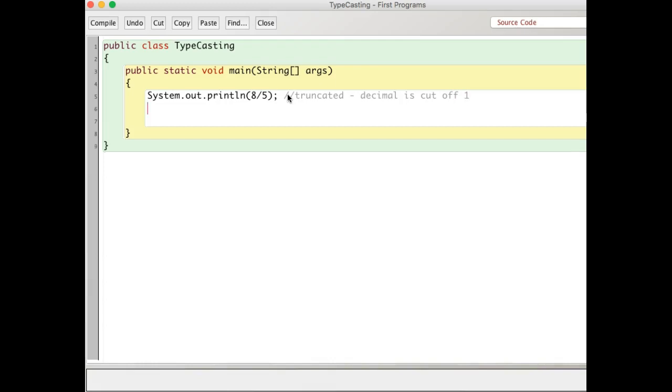Now, the way we can fix this, say we do want it to be 1.6, I guess it is, is what's called typecasting, which means that for this instant in time, that value has changed its type.